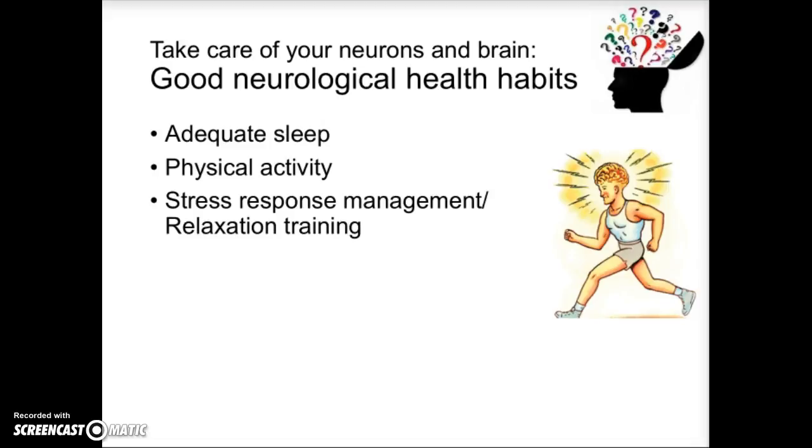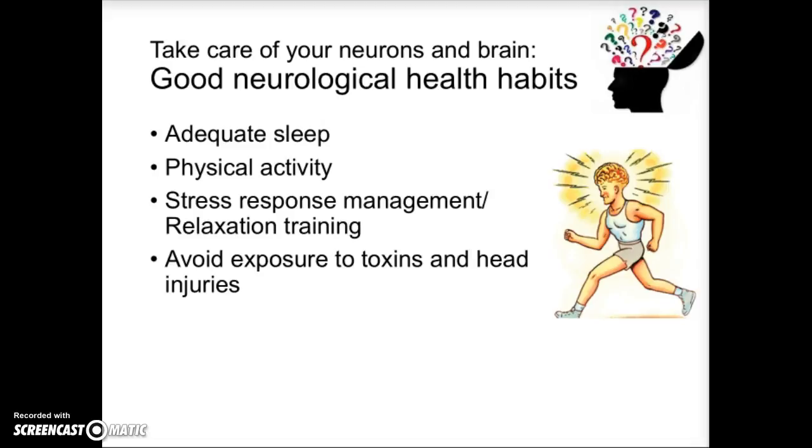So stress management is key to good neurological health and memory. You also need to avoid exposing your nervous system to toxins. Toxins include things like alcohol, and from head injuries, from physically injuring that tissue.